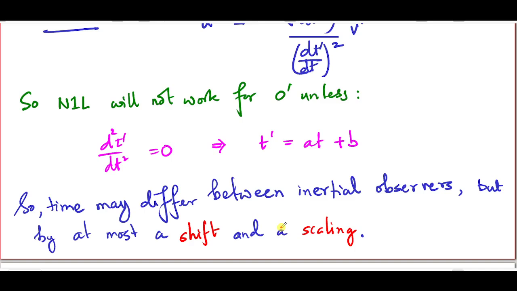So if you have two different inertial observers who share the same origin, or even if they don't share the same origin, they might very well get away with using different times. t prime and t do not have to be identical. But the most they can differ by is by a shift, the constant b in the expression at plus b equals t prime, and the scaling, the factor a.